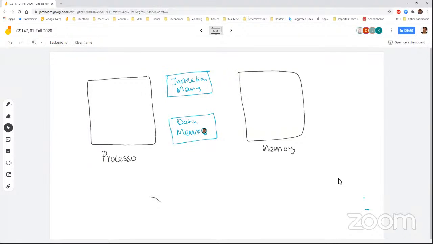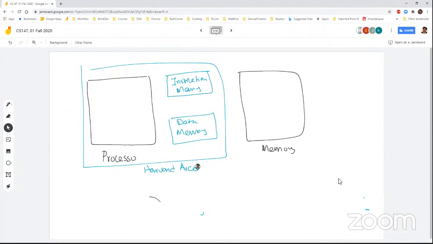So this part is your Harvard architecture. Whereas this part, the whole system, is still a von Neumann.